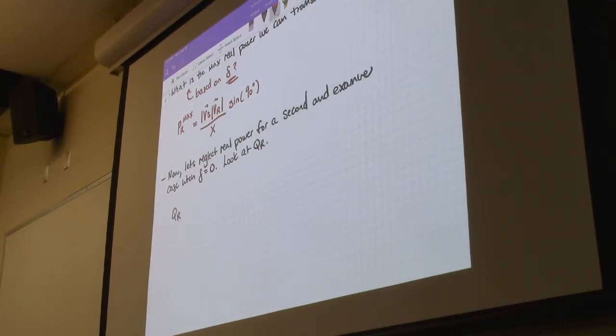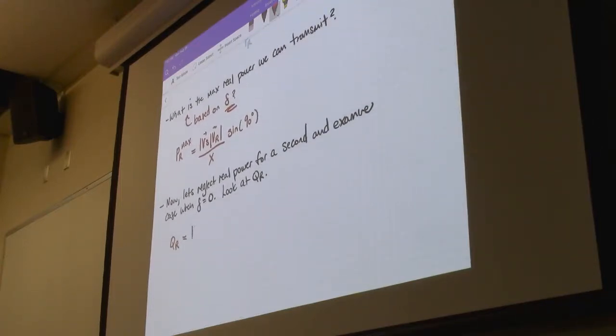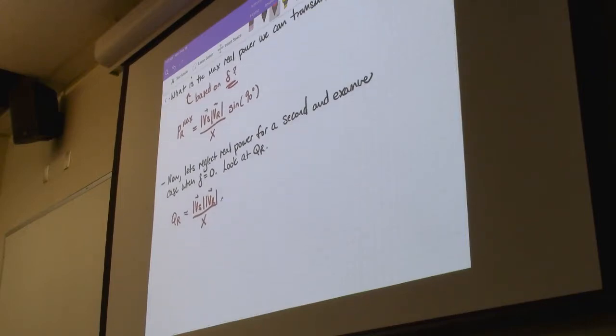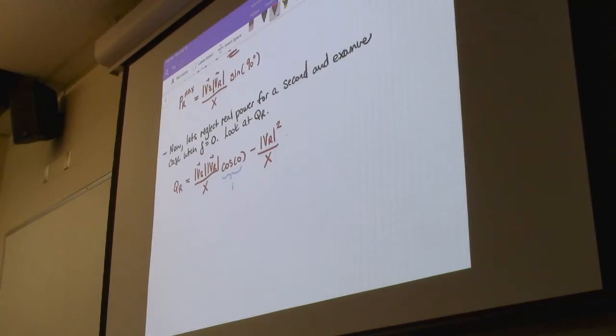So QR would be equal to, referring back up here, VS VR divided by X cosine of 0, which would be 1, minus VR squared divided by X. And then that simplifies to this right here where we have VR times (VS minus VR) divided by X. And what we see is that there's no delta in this equation here.